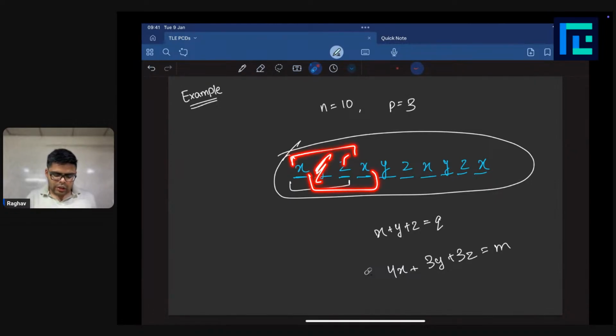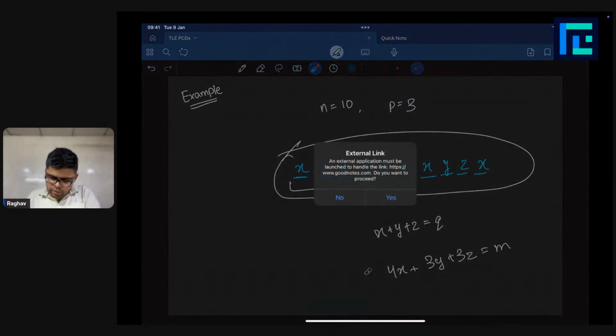So you can just ignore them, which means that this guy and this guy must be equal to each other. So if the first guy of the array had a value x, then the fourth guy must also have the value x. And then the seventh guy must also have the value x. Then the 10th guy must also have the value x. I hope it is clear now.